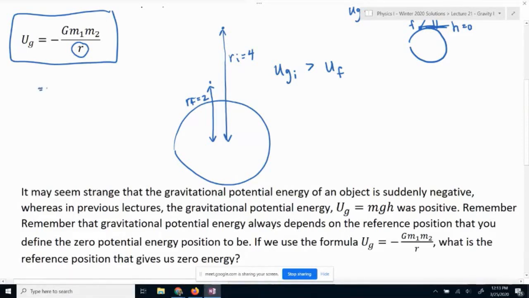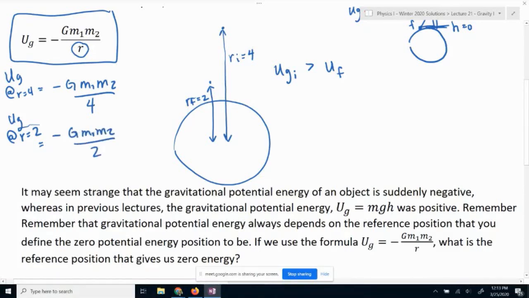So when we plug into the formula, negative G M1 M2 over 4 compared to, so this is UG at R equals 4 or UG at R equals 2. I'd have the same equation, negative G M1 M2 over 2. Which number is bigger? When you divide by 4, you get a smaller number, but it's negative. So this number is actually bigger.